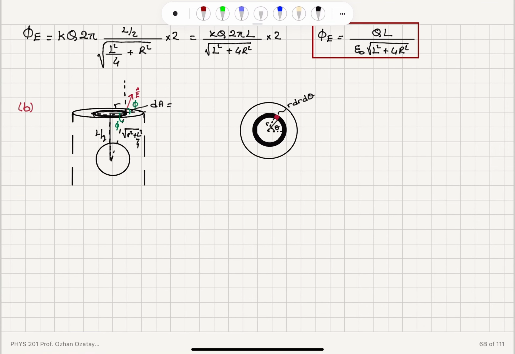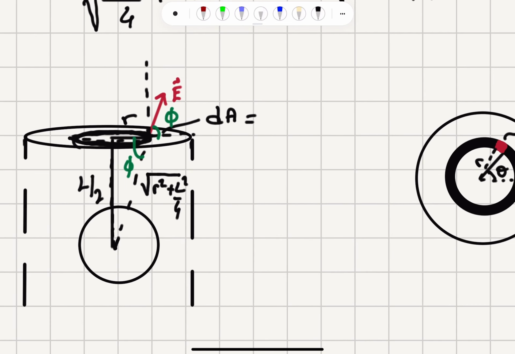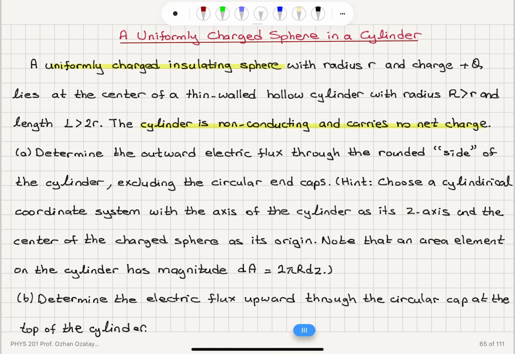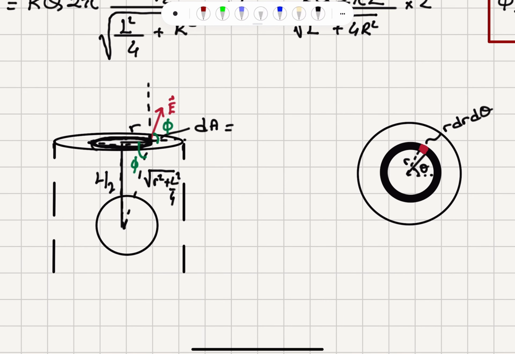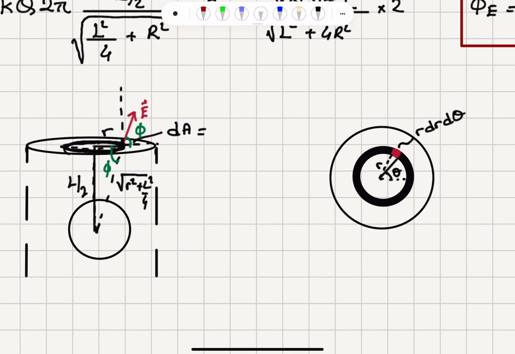Okay, so let's continue with part B. Now we have a radial distance square root of r square plus L square over 4 from the center when we consider a ring with radius r that is less than the radius of the cylinder cap. The radius of the cylinder is capital R. So we're going to consider the flux through this circular region, and for that purpose we will consider an area element dA here, which is from the top view.